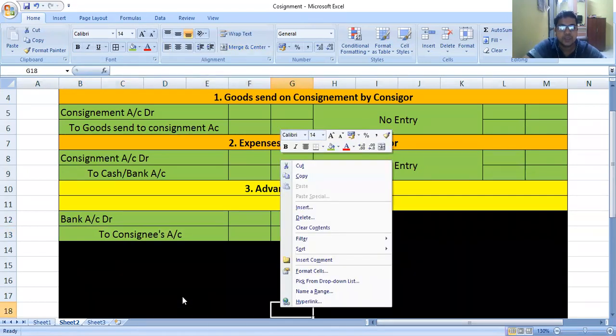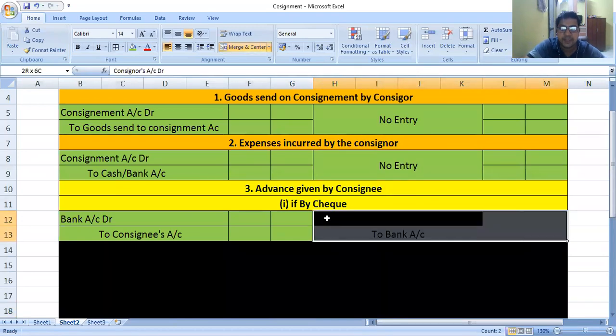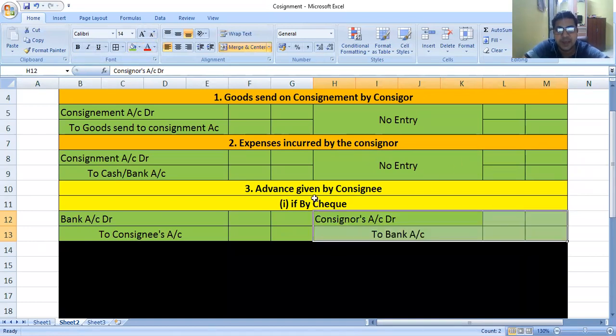What about in the books of consignee? What will be the entry we have to pass? Whenever the advance is given by consignee by cheque, the entry will be consignor's account debit to bank account. Cash goes out and cash is received. Cash is received by consignor, so the bank account is debited.